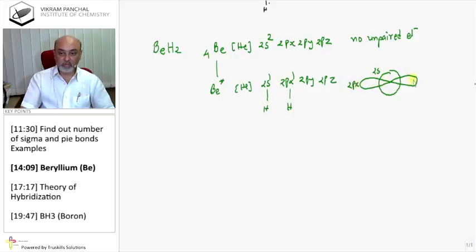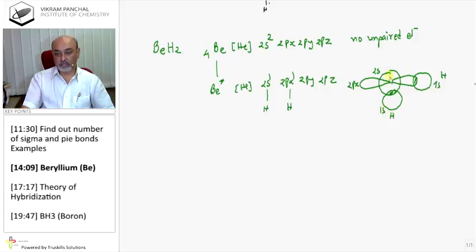Now the 2px orbital of beryllium overlaps with the 1s orbital of hydrogen. So we can show it here. This is the 1s orbital of hydrogen, and there will be a single bond between beryllium and hydrogen. Now the 2s orbital of beryllium overlaps with the 1s orbital of hydrogen, so it can be above or below this. So this is 2s and 1s orbital, hydrogen 1s.